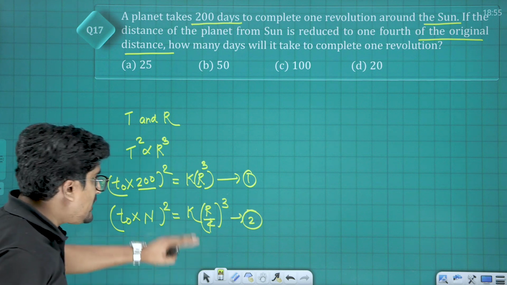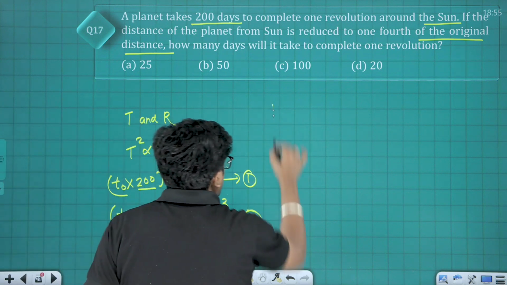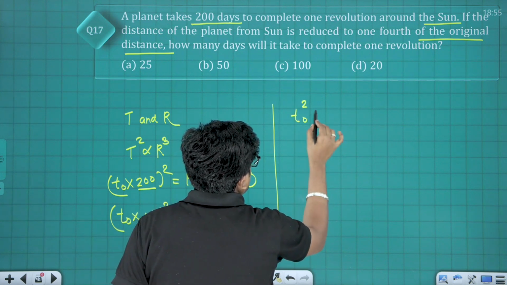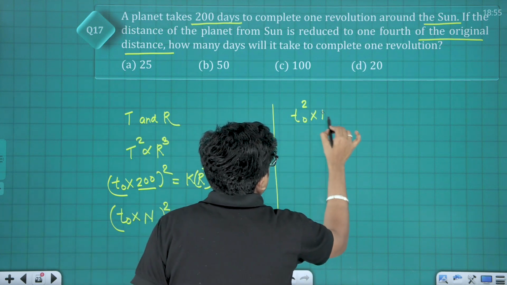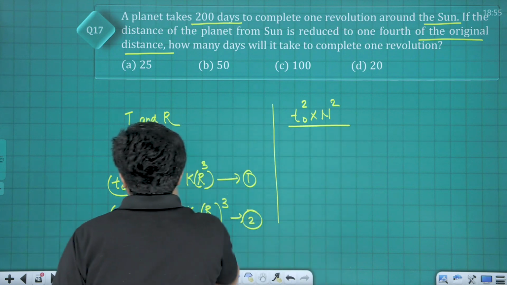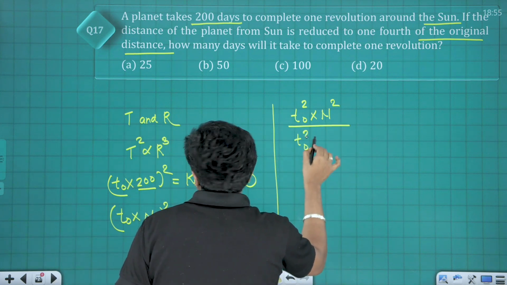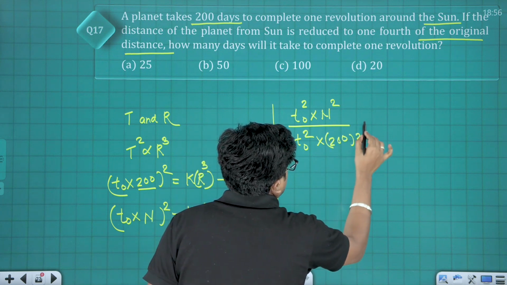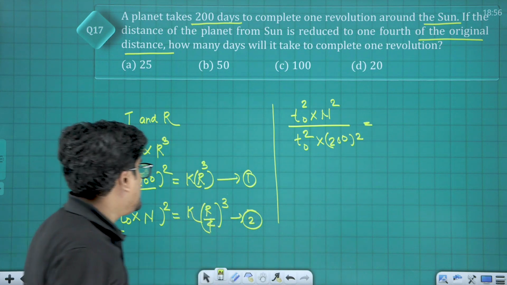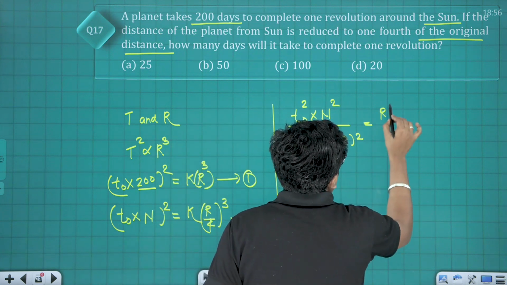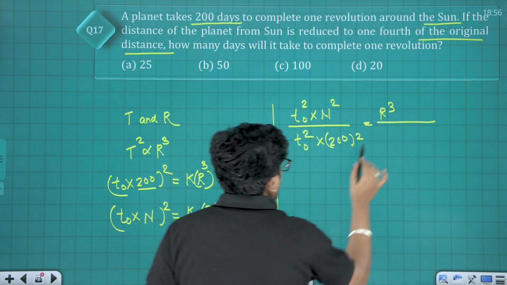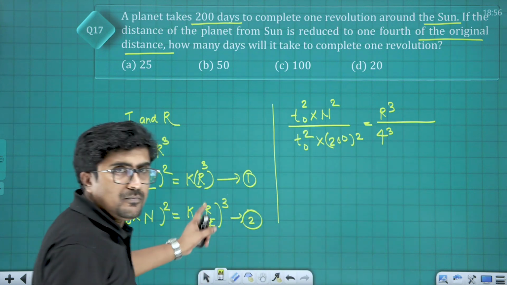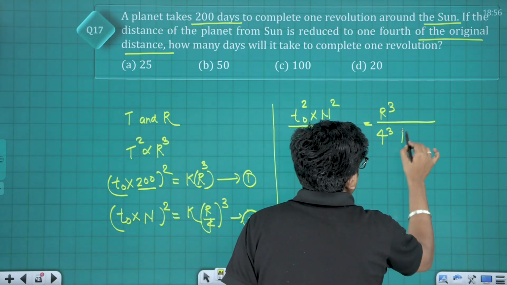Now I am going to divide equation 2 by 1. So if I divide equation 2 by 1, it is going to be T0 square into N square all divided by T0 square into 200 square. That is now going to be R cube, isn't it, upon 4 cube, all divided by R cube.